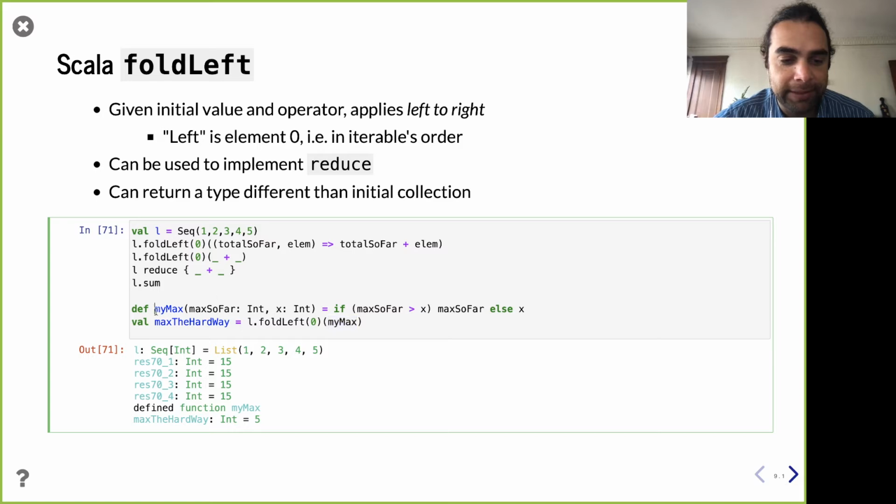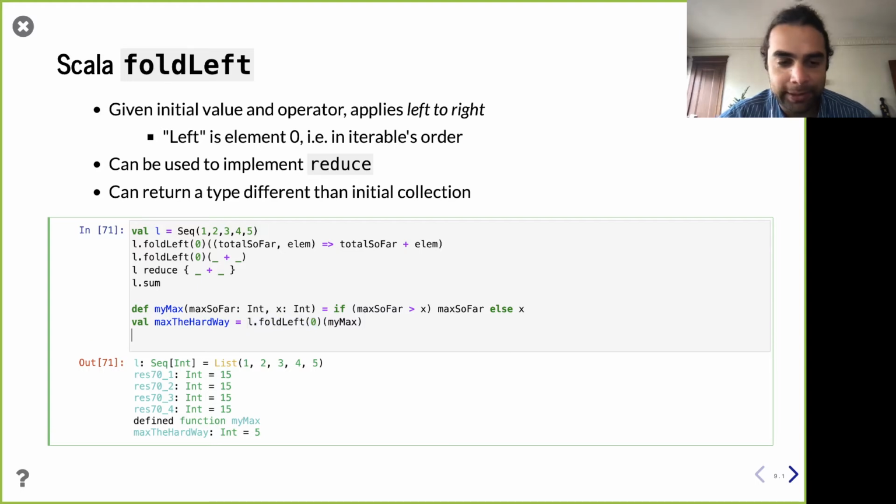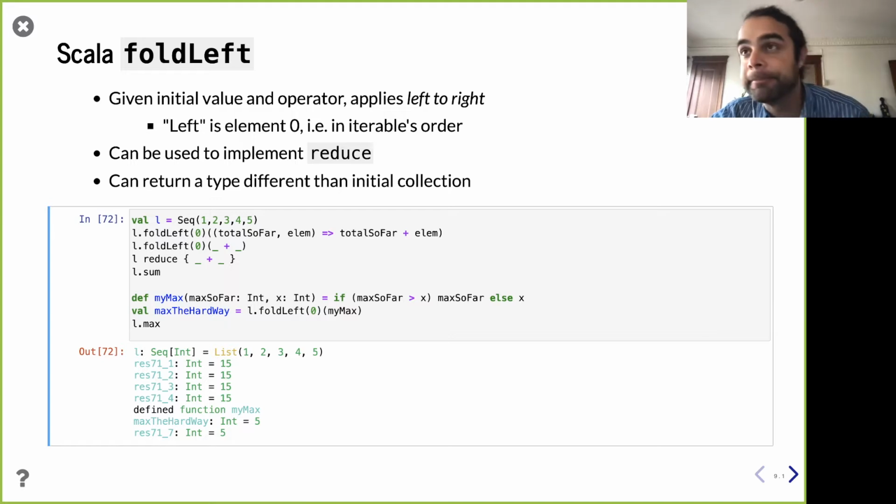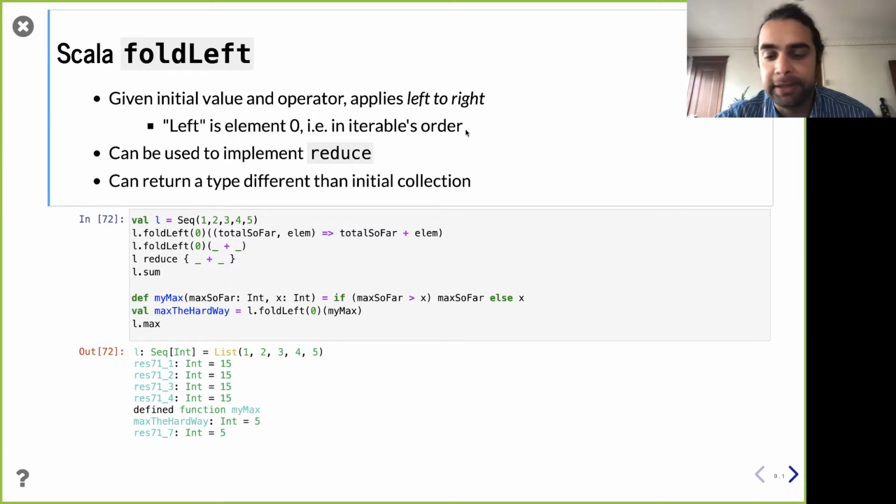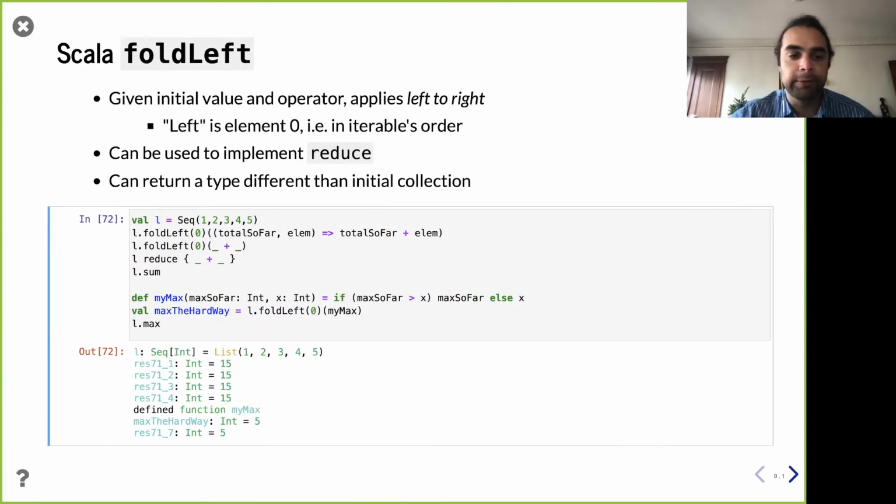You can name things and then I'll go ahead and apply them, folding left on 0. So this is max the hard way. What's max the easy way? Well, that's max the easy way. But there we have it. Cool. In the next slide, we'll actually show you the directions. But for now, I'll pause for any questions on this part so far.